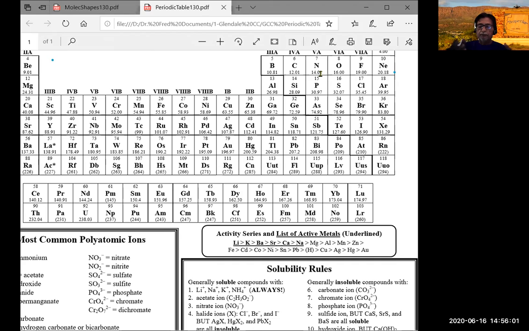So we end up with a bond that on one end has more of a negative property, and at the other end more of a positive property. And that's what we mean by a dipole, something that has two poles like a magnet, a positive and a negative.